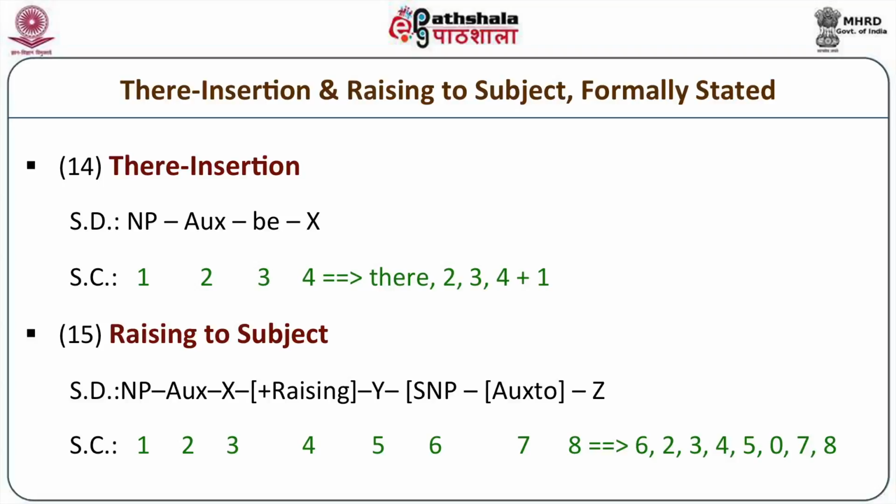That gives you 8 factors. Of these 8 factors, the 6th factor, the NP, which is the downstairs subject, becomes the first factor. It goes to the position of the first factor, and that's all that happens. So 1 through 8 turns into 6, 2, 3, 4, 5, 0, 7, 8. Since no copy is left of the raised subject, it completely vacates the downstairs position.